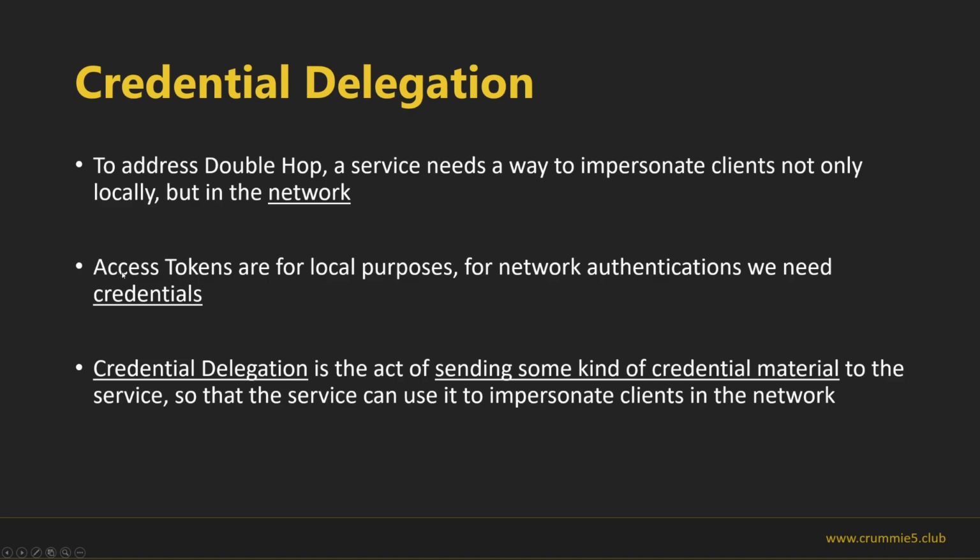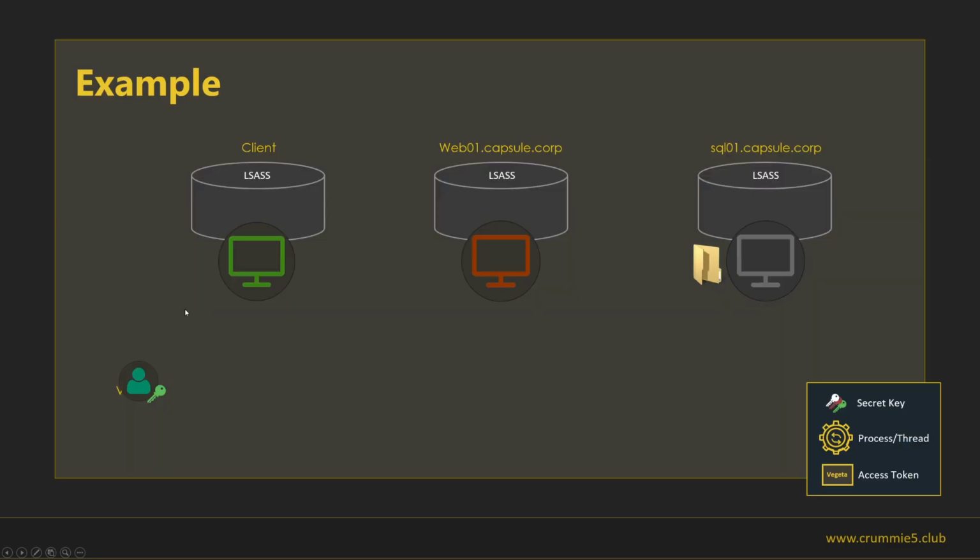We need to remember that access tokens are just for local purposes, and for the network, we need credentials. So if we somehow configure the service with credential delegation, we would have something like this. Vegeta authenticates into his system. He has his credentials cached. And when he accesses the service, he delegates his own credentials to the service.